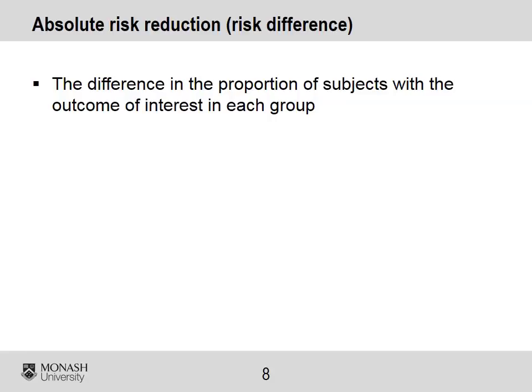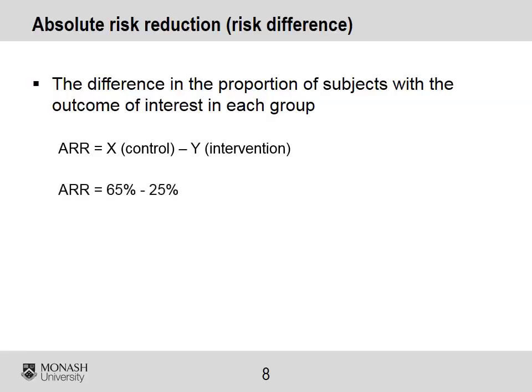The next measure is what we call absolute risk reduction, or you can think of it as risk difference, and it's simply the difference in outcomes between the two groups, so a subtraction. In this case we're looking at the event rate in the control group minus the event rate in the intervention group.